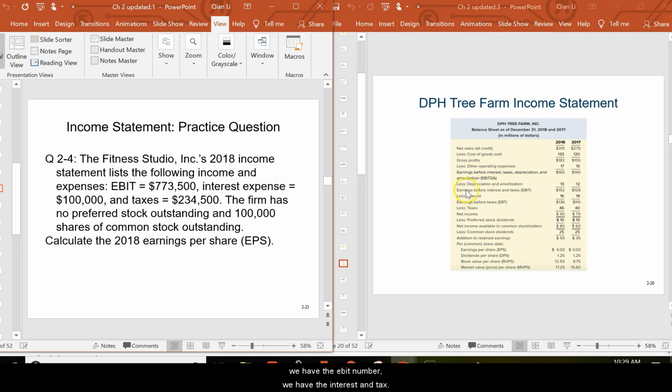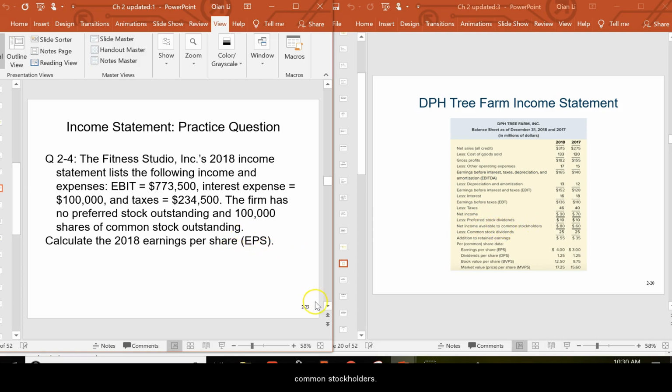So if we have the EBIT, we subtract the interest from the EBIT, we get EBT, and then we subtract tax from the EBT to get net income. Now, this company has no preferred stocks outstanding, so there will be no preferred stock dividend, which also means all the net income will belong to, or say will be available to common stockholders.